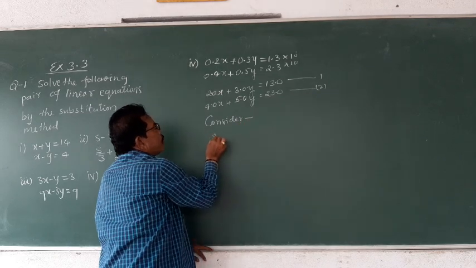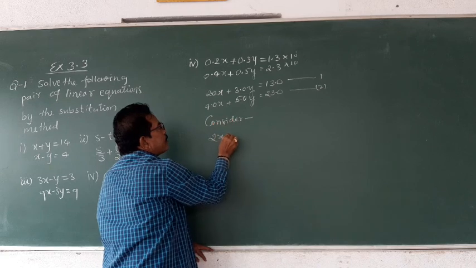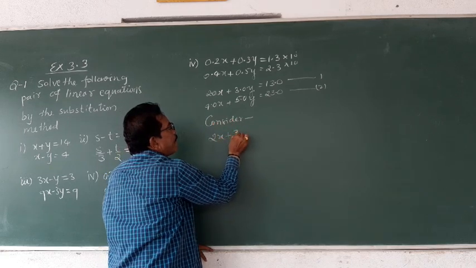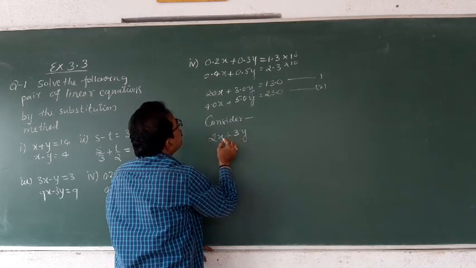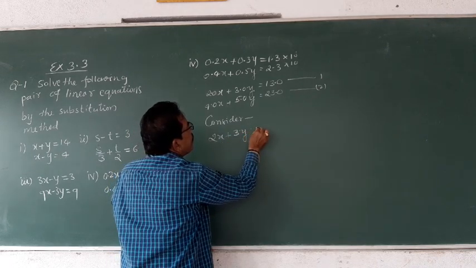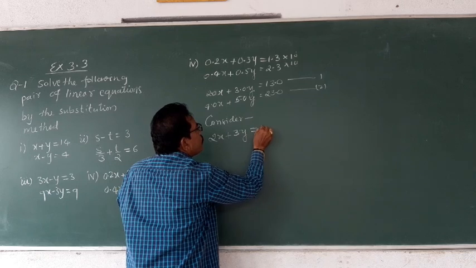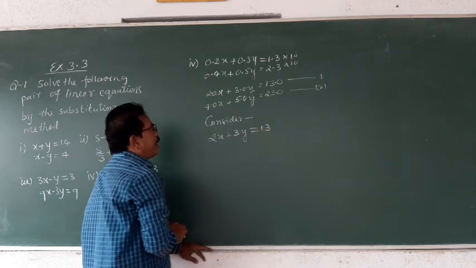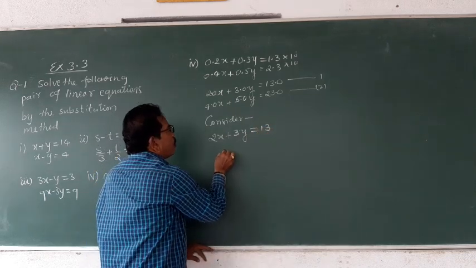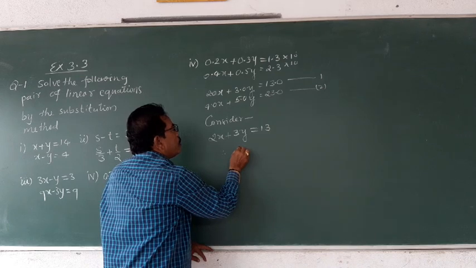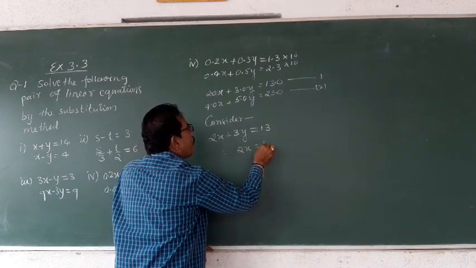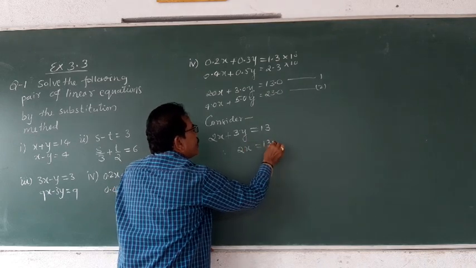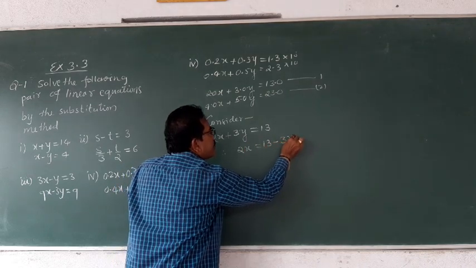2x plus 3y equals 13. Therefore 2x equals 13 minus 3y.